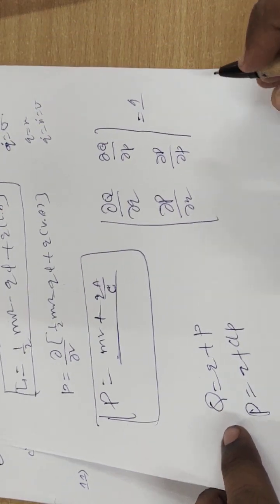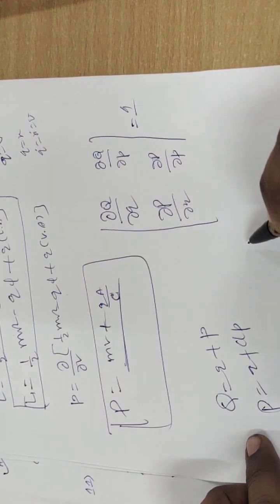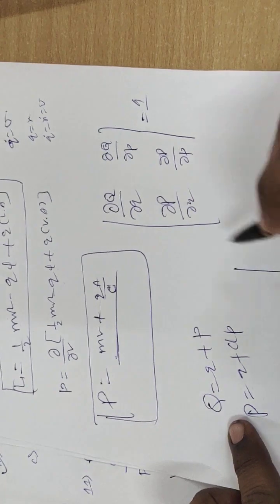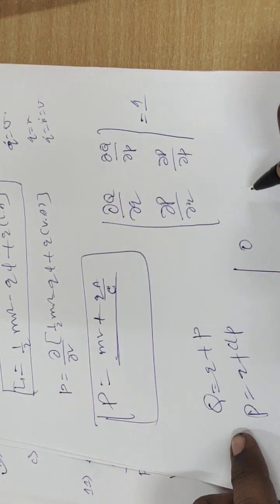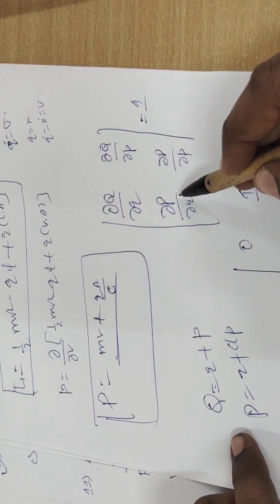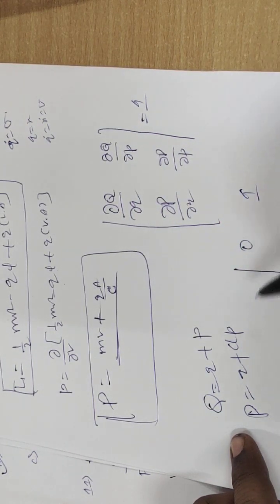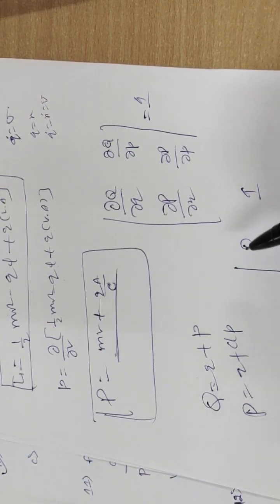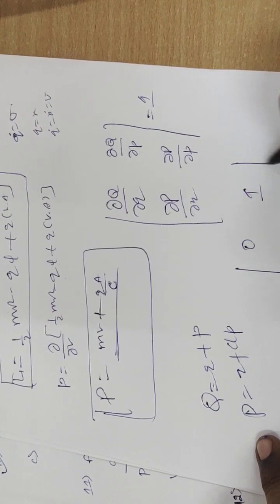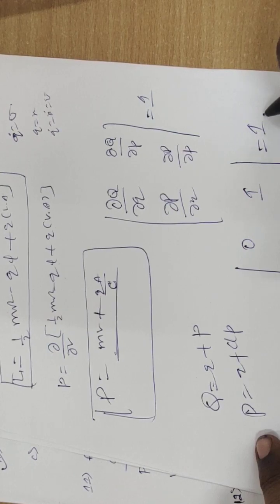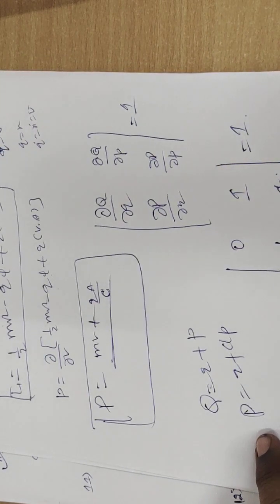Therefore ∂Q/∂q is 1 and ∂Q/∂p is 1, ∂P/∂q is 1, and ∂P/∂p is alpha.